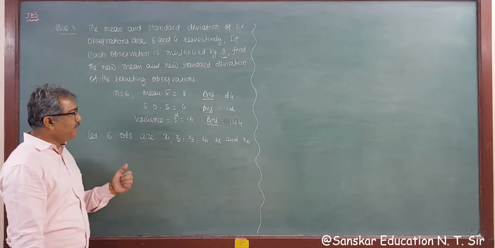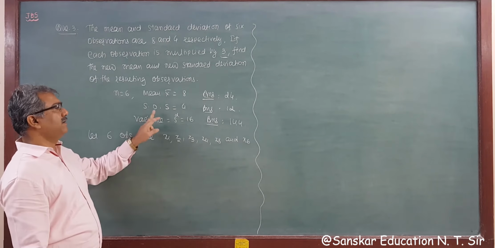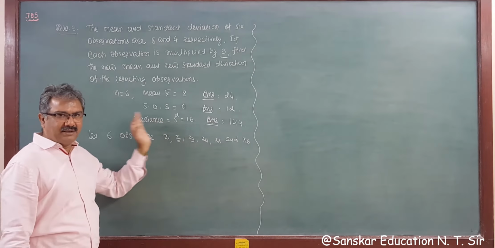Now mean is given, and standard deviation and variance we are writing here. Now each observation is multiplied by 3.